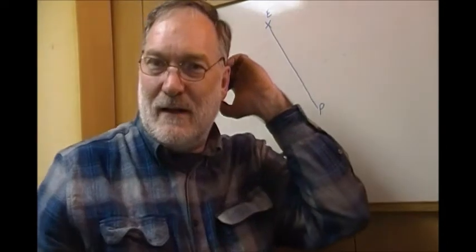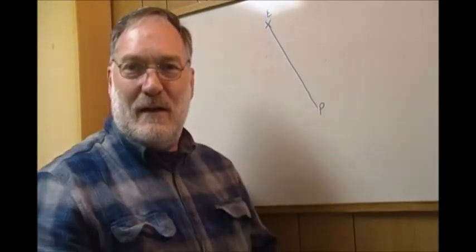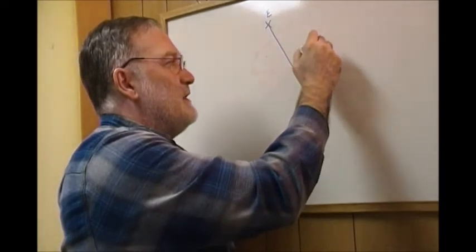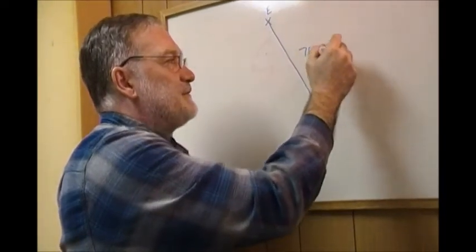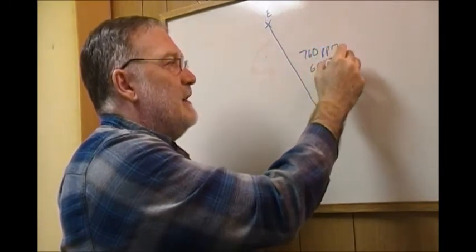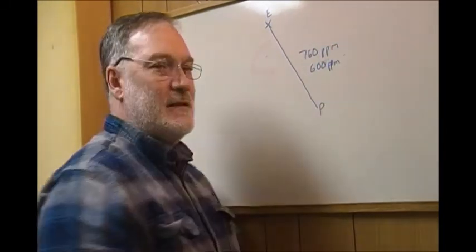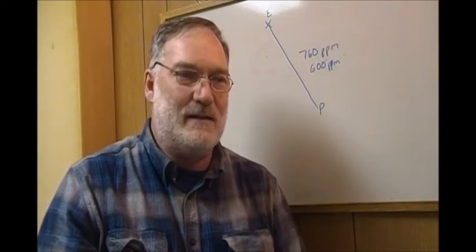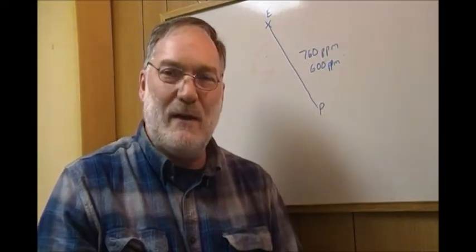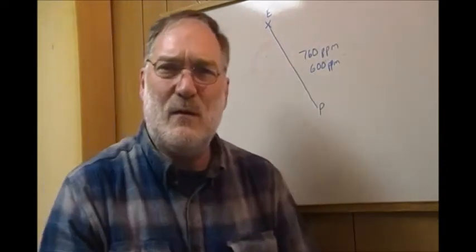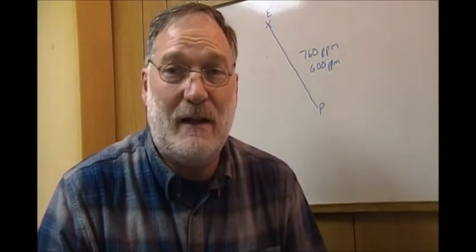There was a point here where the carbon dioxide dropped from 760 parts per million down to 600 parts per million. And scientists who believe in the power of greenhouse gases contend that the carbon dioxide levels dropping from 700 to 600 is what started to build up ice on Antarctica.